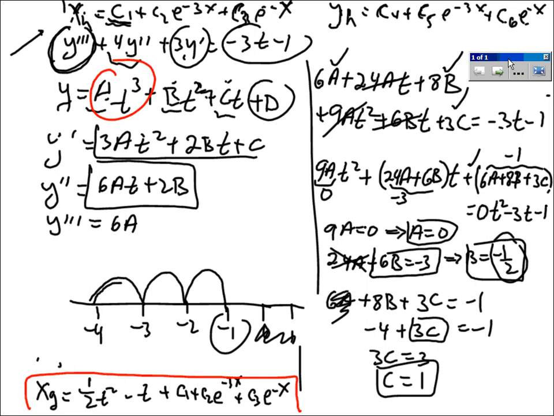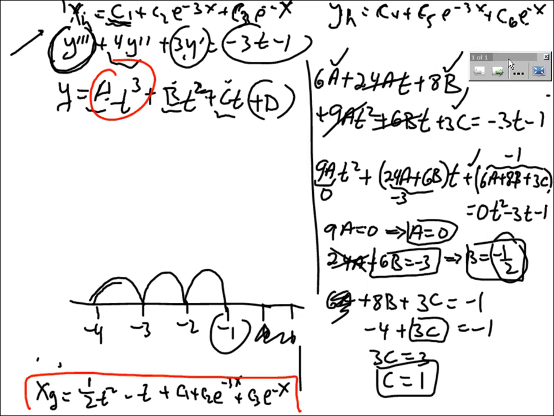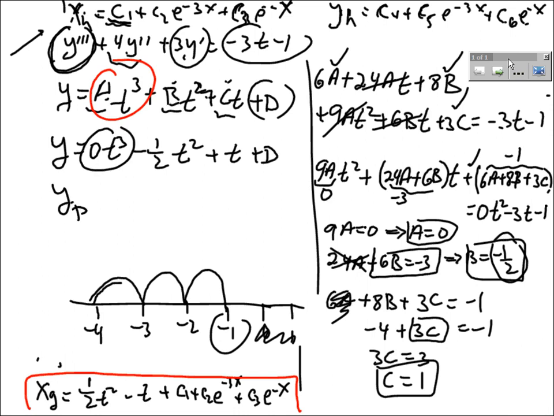Okay. So now I come back to my y equation and I plug in the a, b, and c. Y is 0t cubed, b is negative a half t squared, and c is 1, plus 1t plus d. Well, that's 0. I don't need it. So y particular is negative a half t squared plus t plus an arbitrary constant.